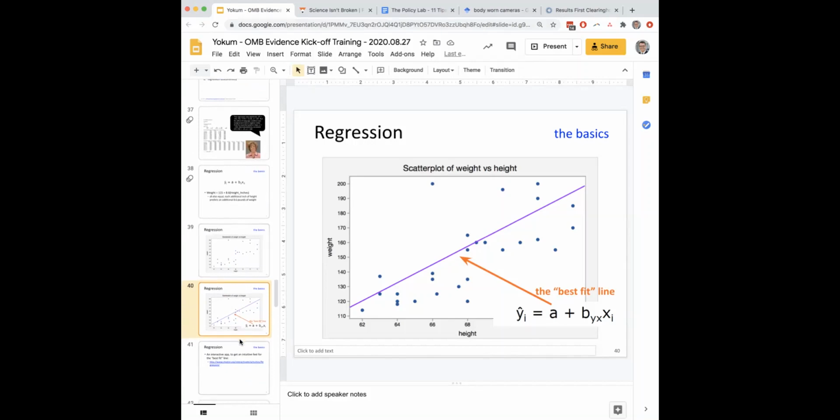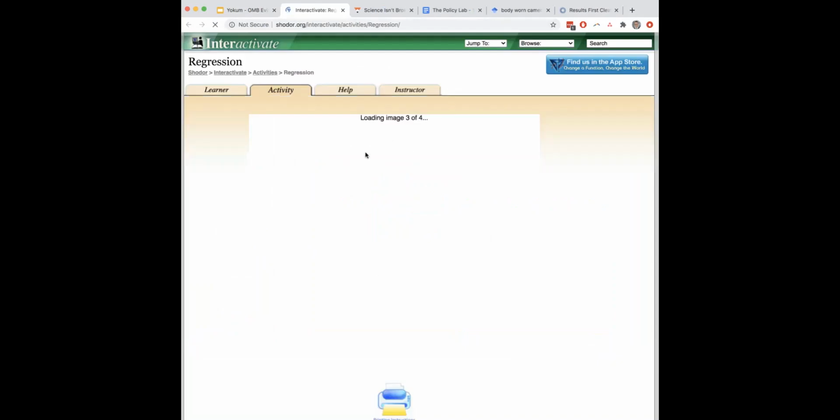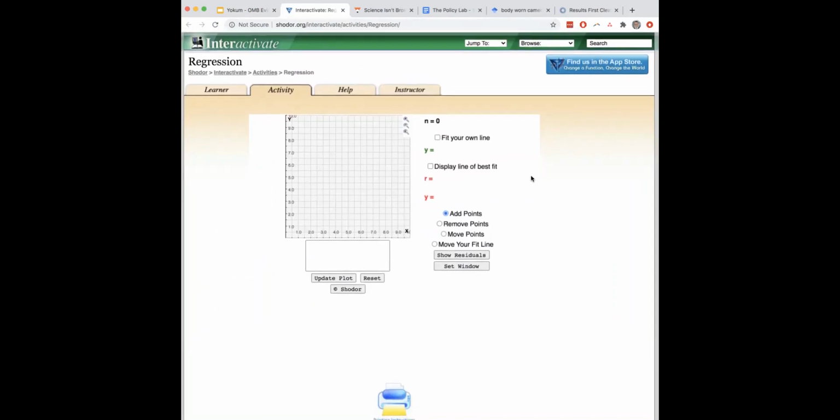And that's a little bit of a difficult concept to just wrap your head around in words. And so I drop here another invitation to go and follow this link to a little applet that lets you play around with how these lines get made. You can go in here, drop a bunch of dots for different data points, for example, different heights of folks and different weights.